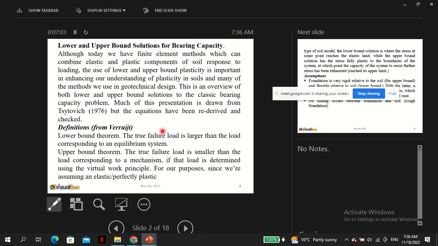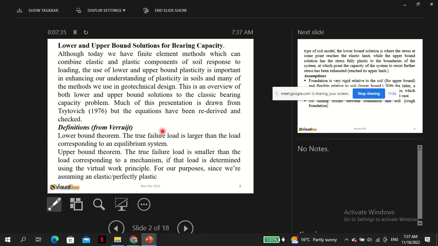So you can see here we're saying the true failure load is in fact larger than the load corresponding to an equilibrium system. Because in theory we like simple things, we like to assume a worst stress state scenario and take equilibrium, and at the limit we try to compute the load that would possibly cause failure or collapse.